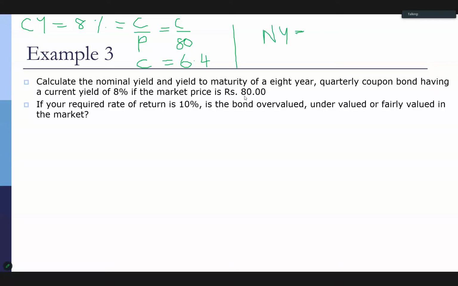So I see you all are getting 9.89, correct. So it's up to you. What do you want to approximate this to, to do your calculation to find YTM?